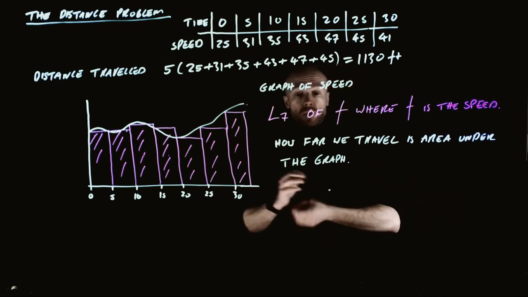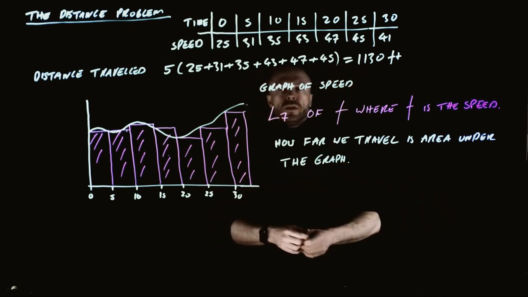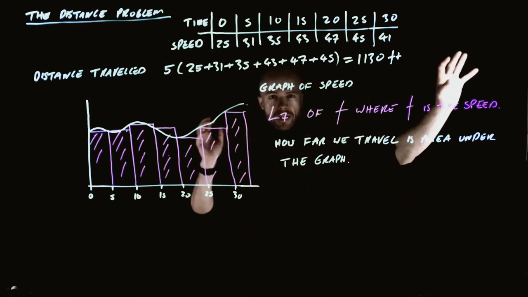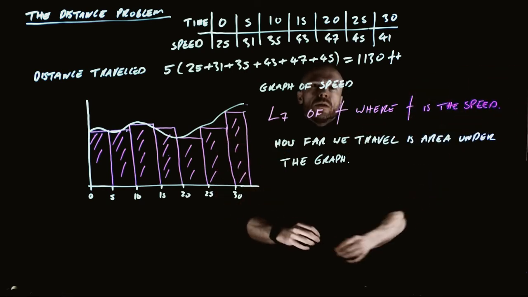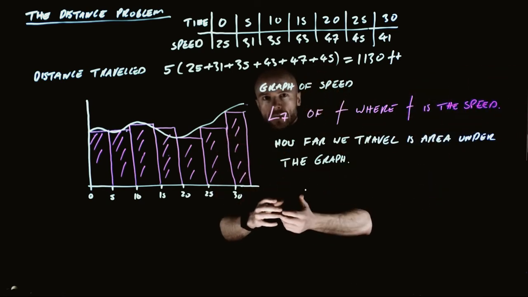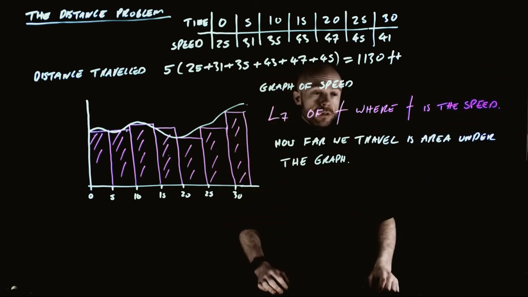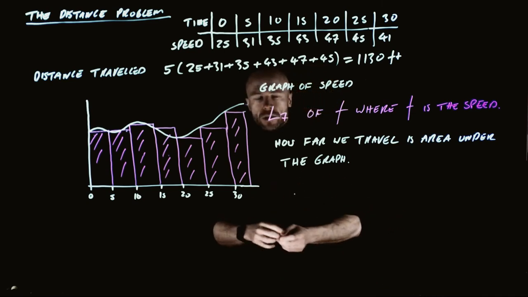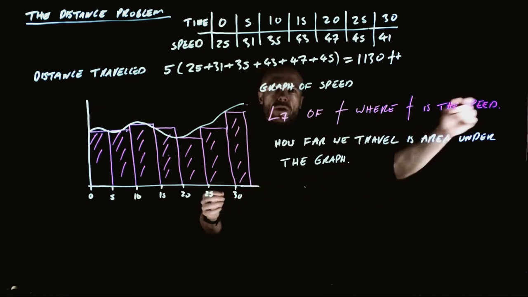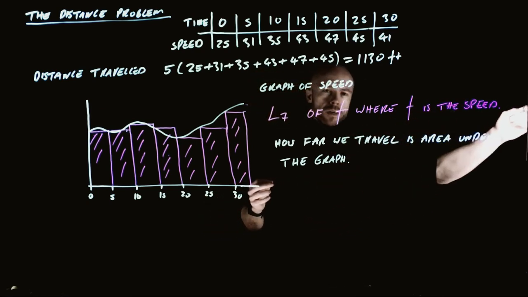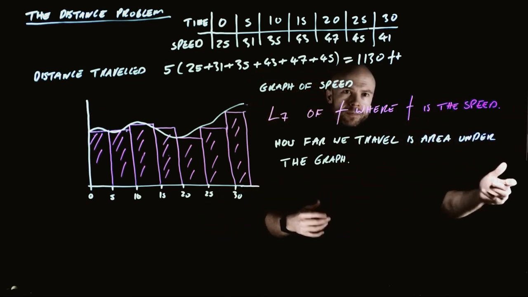So if you want to find out how far you're traveling, say you're going in a straight line from A to B, and you're varying your thrust, therefore varying your acceleration, and therefore varying your velocity, you would be able to integrate up your velocity function and find out exactly how far you've traveled over some period of time.